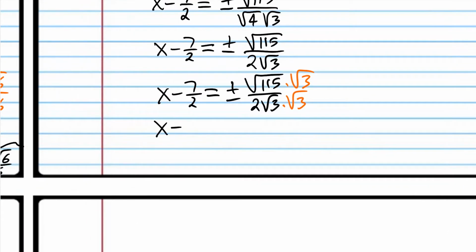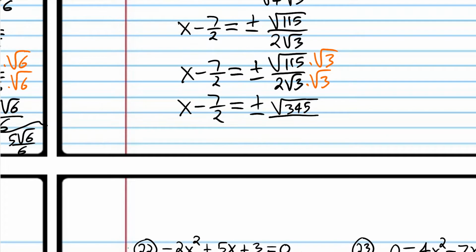And we have x minus 7/2 is equal to plus or minus 3 times 150 would be 345. And then you end up with 2 times 3, because root 3 times root 3 is just 3.